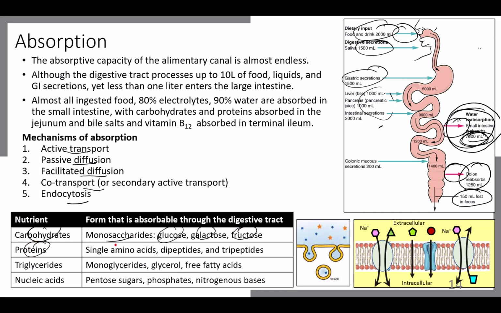Proteins are broken down into simple amino acids, so single amino acids, 2 amino acids together, dipeptides, or 3 amino acids together, tripeptides. Fats are broken down into monoglycerides, glycerol, and free fatty acids, where they get absorbed. And then nucleic acids are broken down into their components, where again they get absorbed.